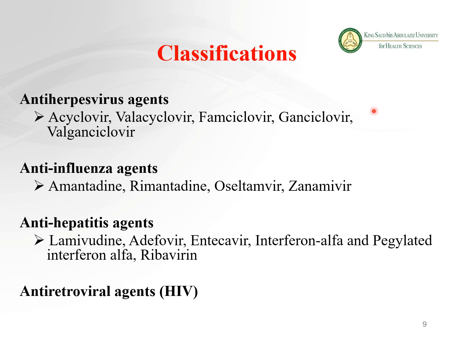Now, classification of the drugs. Different drugs are effective against different types of viruses. Among the anti-herpes drugs, acyclovir, valacyclovir, and famciclovir are effective against the herpes viruses. For influenza viruses, amantadine, ribavirin, oseltamivir, and zanamivir are effective.